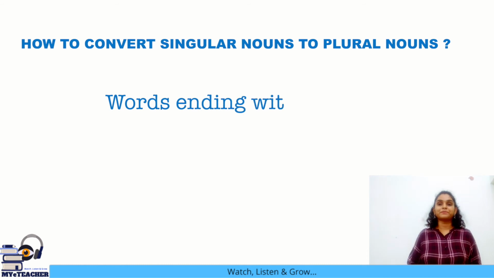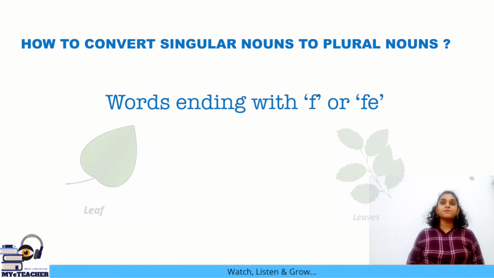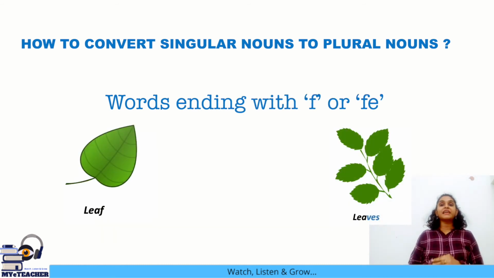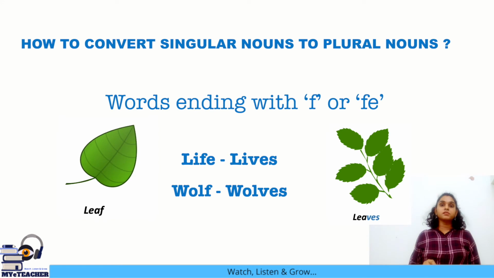Next come the words which end in an F or an FE. For example, life, wolf. With these words, we remove the F or the FE and instead we add VES. For example, life becomes L-I-V-E-S, lives.